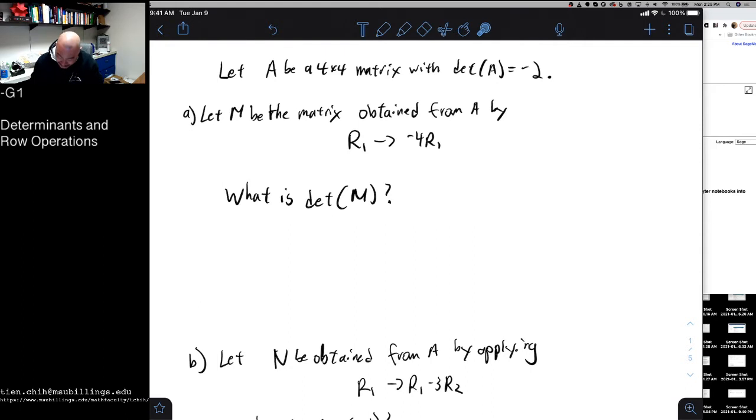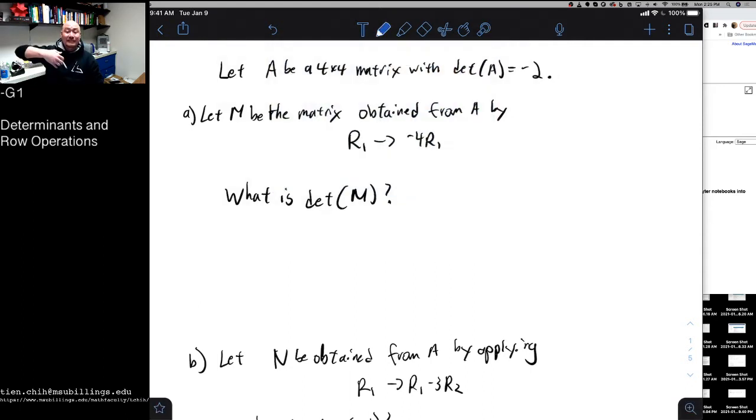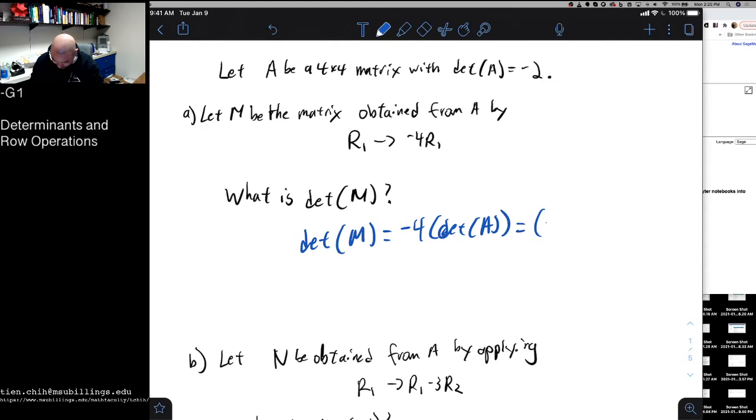So if we want to ask ourselves what the determinant of M is, the matrix that you get from doing this, well, the determinant of M is going to be -4 times the determinant of A. So it's going to be -4 times -2, which is 8, right?